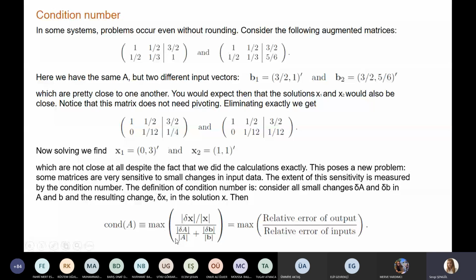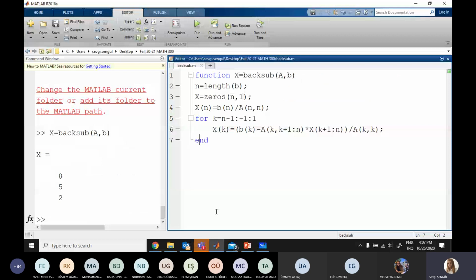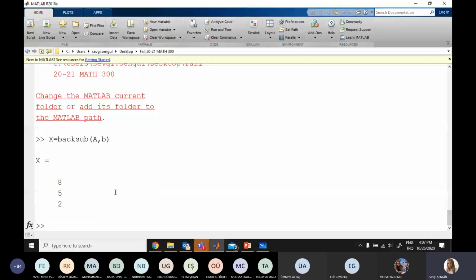So let's try some condition numbers. There are some predefined matrices in MATLAB, like the Hilbert matrix, and you can define the size of these. Let's define the Hilbert matrix 2 by 2.